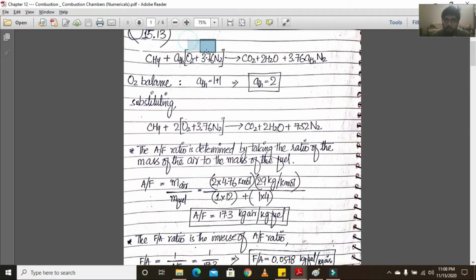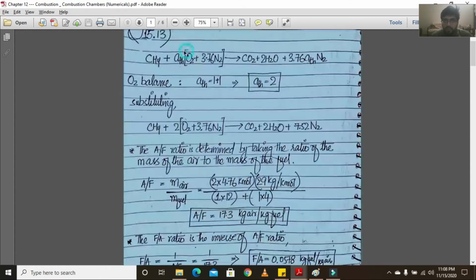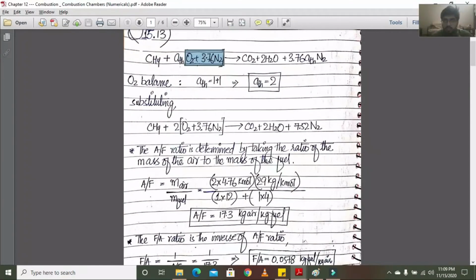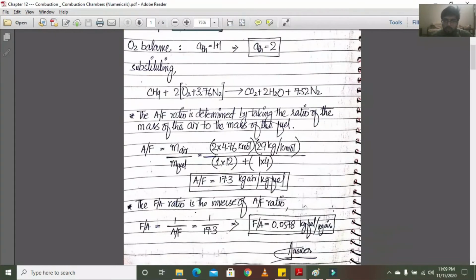So the overall moles will become 4.76, and then this 4.76 moles is going to be multiplied with the 2 as well. So the overall moles will become 2 multiplied by the 4.76 kilomoles. So again, since I had used the unit of kilogram per kilomole, I will use the unit of kilomoles here. But instead, if I had used the unit of gram per mole, I would have simply used the unit of mole here.